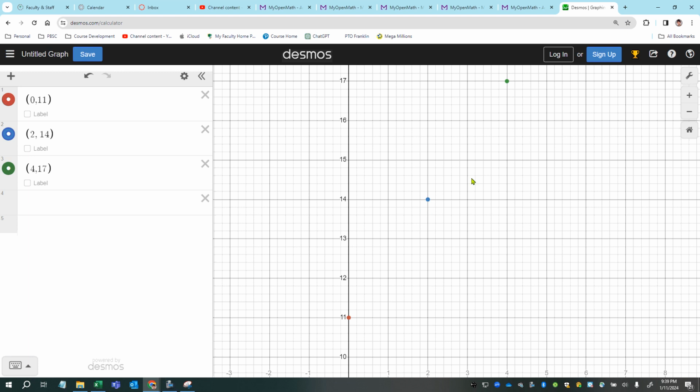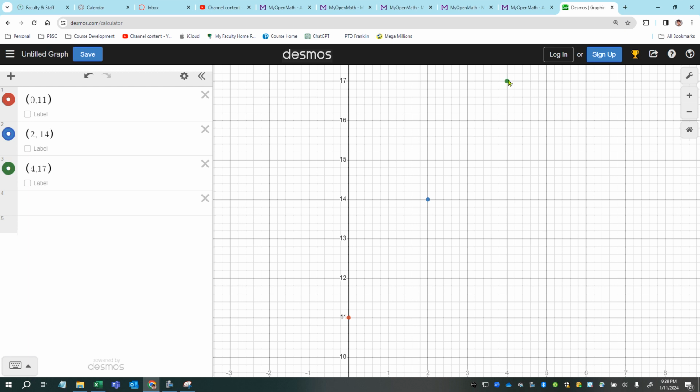We also can see that as we move from left to right, now guys, remember, when you're reading a graph, it's just like reading words and sentences. You start on the left, you move to the right, okay? So if I'm starting at this left blue point at 2, comma 14, and moving to the green point, as I'm moving from left to right, I've actually also had to move upwards.